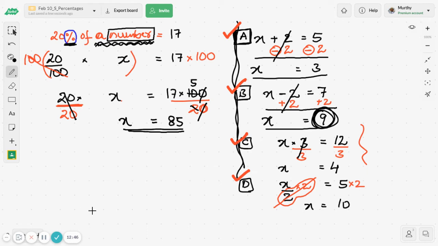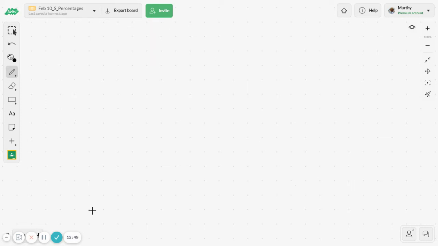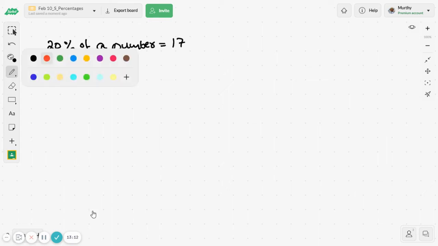20% of what number equals 17? In fact, on the previous page, I explained a little bit of algebra. That is the reason it has taken more time. Otherwise, let me take 20% of a number equals 17. What is the number? That's the question.